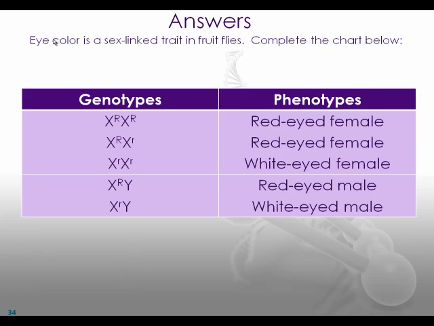A white-eyed female will have the genotype X little r, X little r. X big R Y is a red-eyed male, and the genotype for a white-eyed male would be X little r Y.